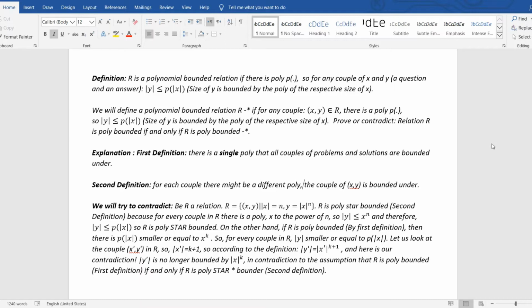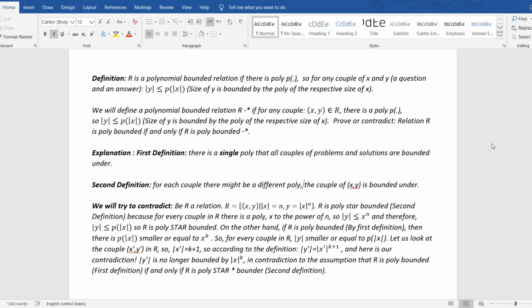R is poly-star bounded, second definition, because for every couple in R there is a polynomial, x to the power of n, so the size of y is less than or equal to x to the n, and therefore the size of y is less than or equal to p of the size of x. So R is poly-star bounded.